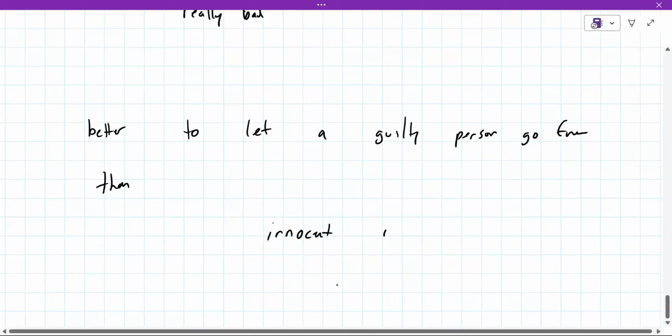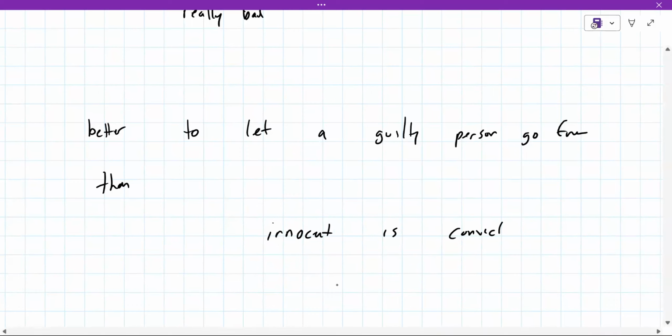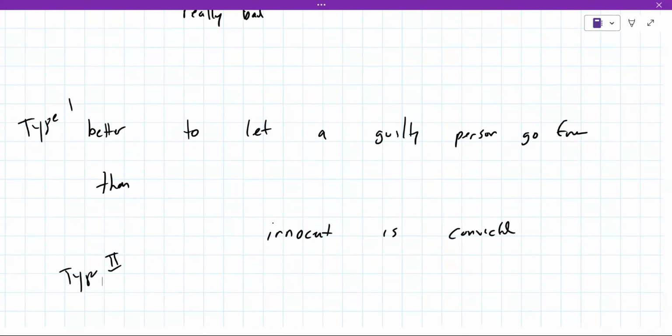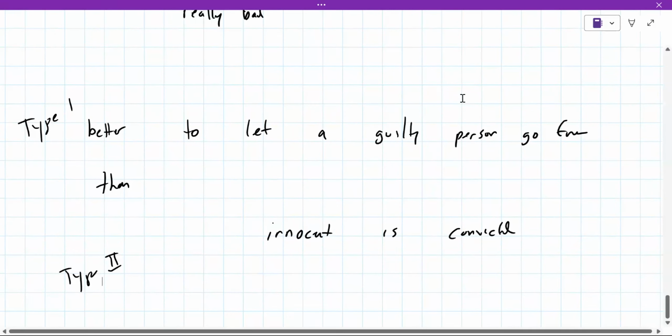Yes. And that's the key difference between a type 1 and a type 2. In our society, there are other systems where they don't do this, but our system is, we don't want an innocent person to ever be convicted. That's why the type 1 error is better.